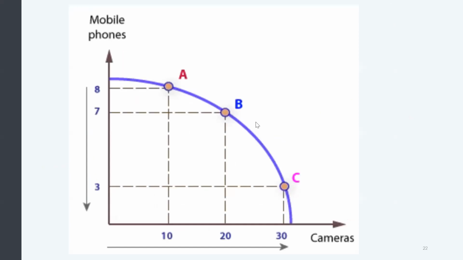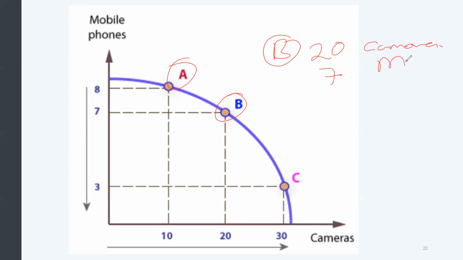So we can do an example here. Let's say you start producing at point B, and you say, I started at point B, now I'm going to go to point A. At point B, you had 20 cameras and 7 mobile phones.